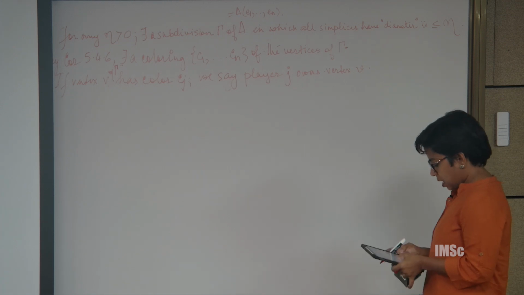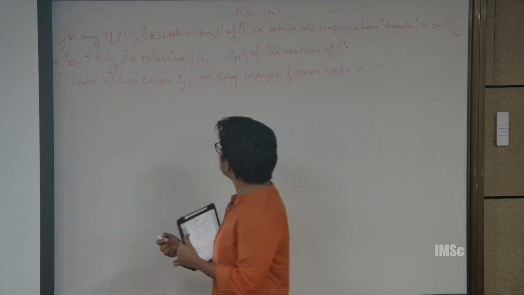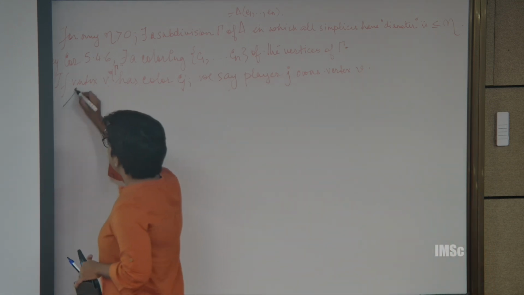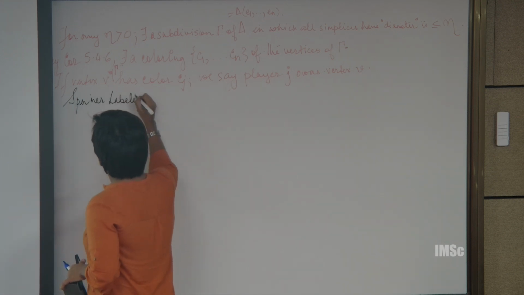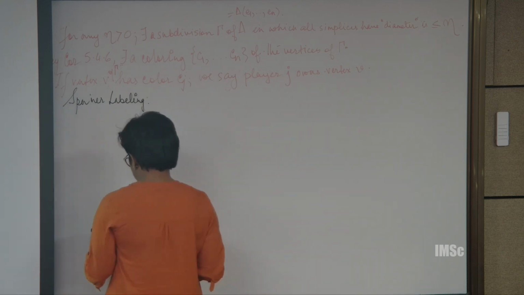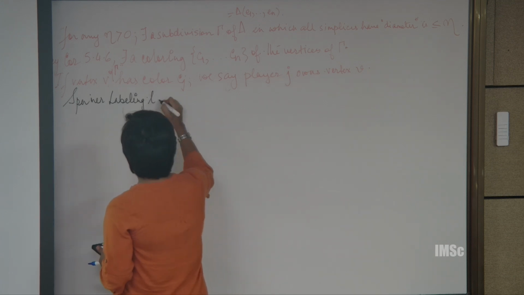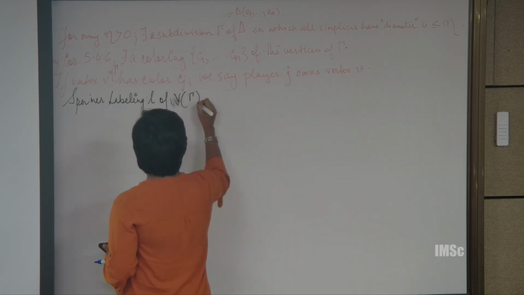All right. So now we will define the Sperner's labeling. I think the color actually does matter. Okay, the labeling L of vertices of delta.